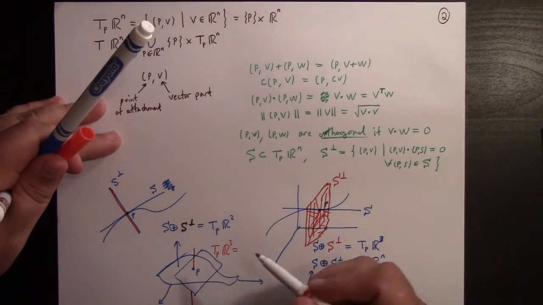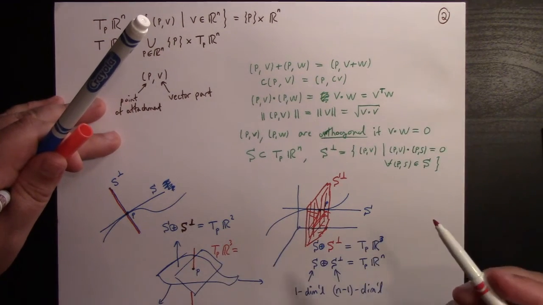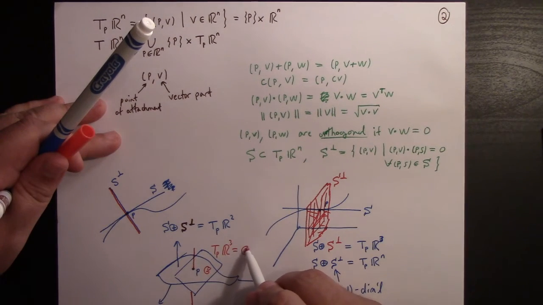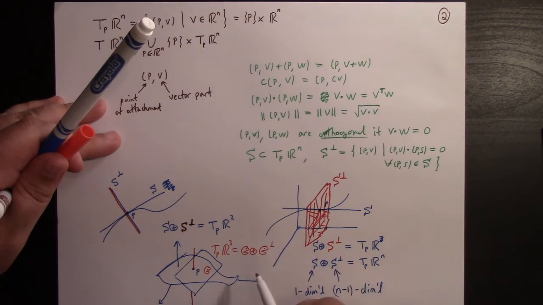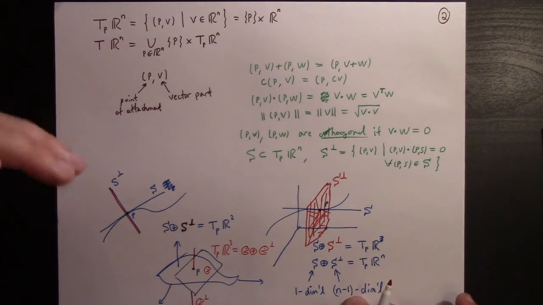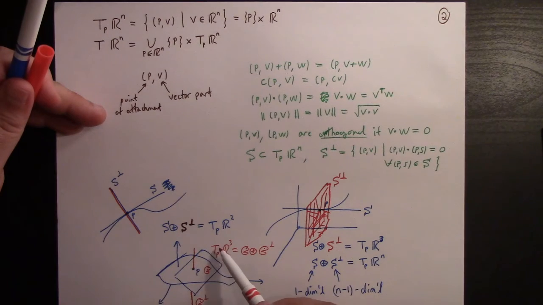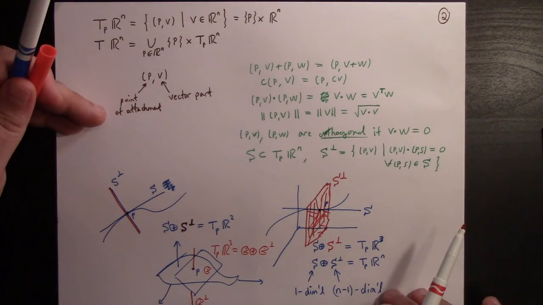I haven't given it a name yet. I don't know, Pac-Man. Maybe Pac-Man direct sum Pac-Man perp. All right, there you go. So Pac-Man perp being the normal line. But this tangent space TPR3 is the set of all vectors in R3 attached to the point P. Okay, that's the idea here.